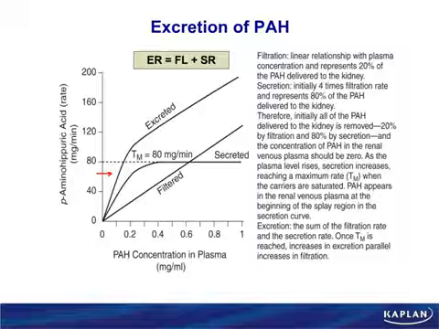It has to increase, but it increases at a slower pace than it does before transport maximum. So the rate of increase decreases because your carriers have become saturated. And that's why you see this change. So that's what the excretion rate looks like, and that's what they may give you.